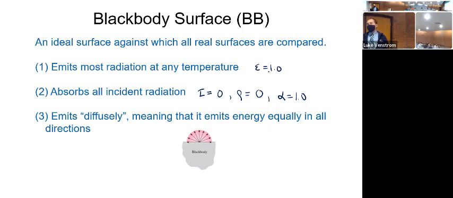The other, radiation is very much directional. Radiation can stream off in this direction. Radiation can also be streaming in this direction or this direction. In fact, it can stream in all directions possible.